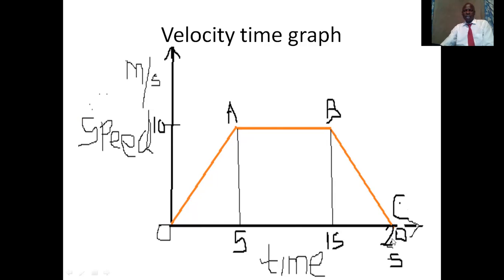What is the change in time? It is 20 minus 15, because it has moved from there to there. 20 minus 15 is 5 seconds.